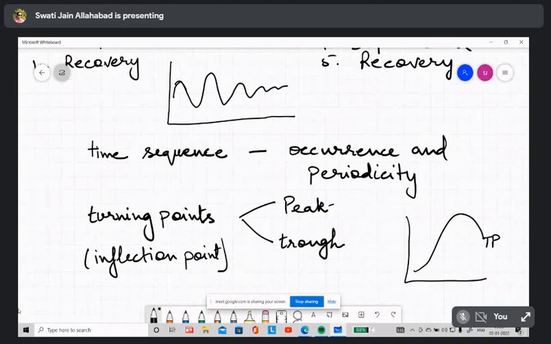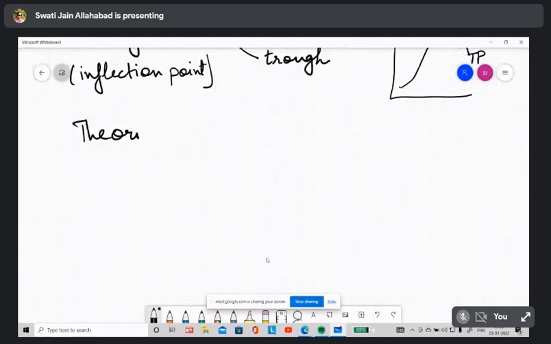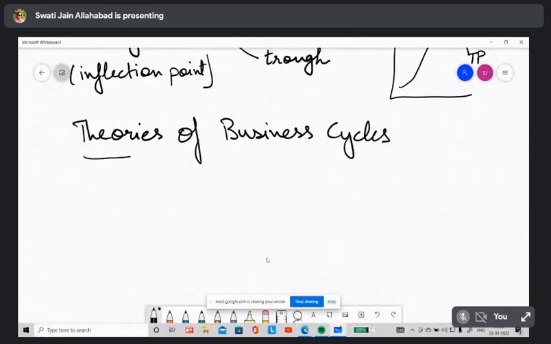So now we will be talking about theories of business cycles or trade cycles. There are several theories and we will be talking about three.